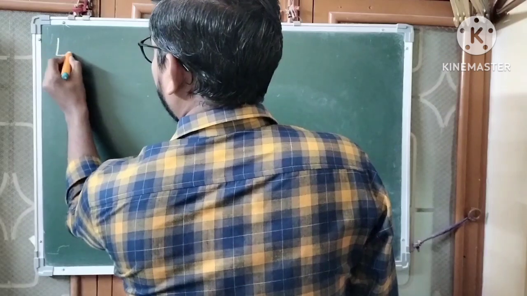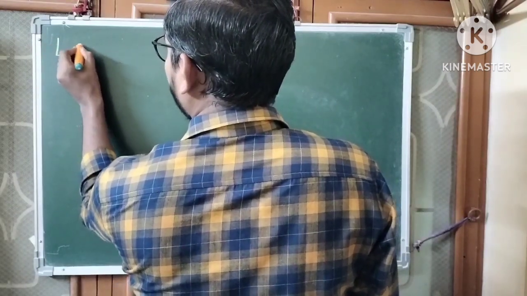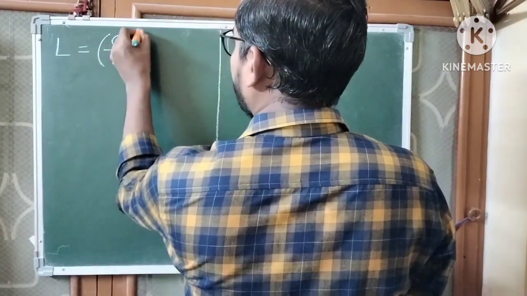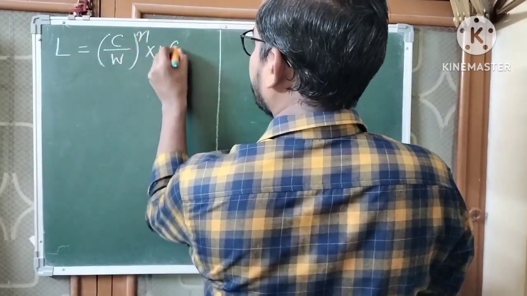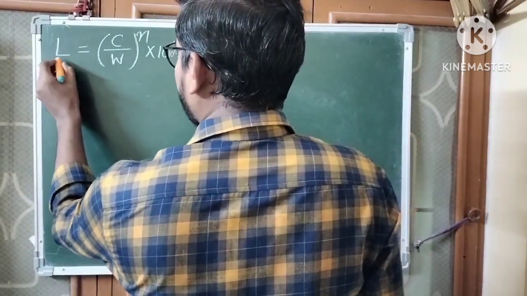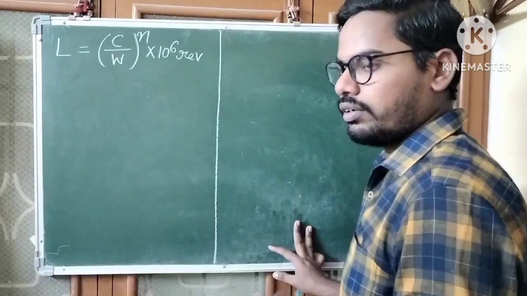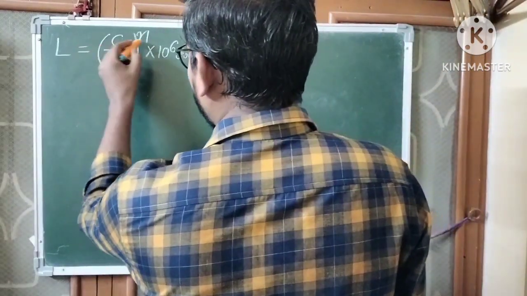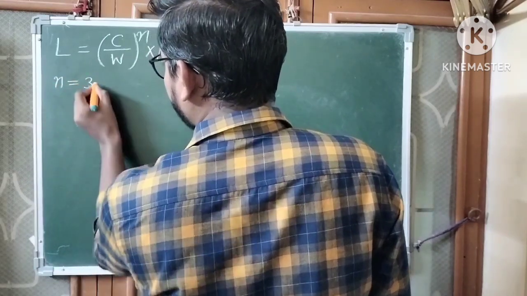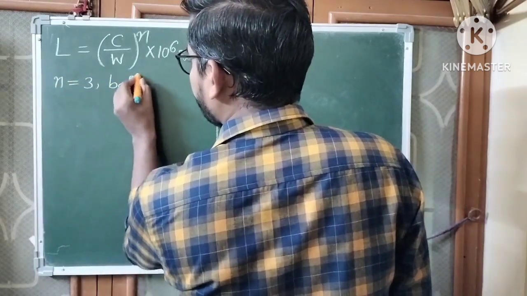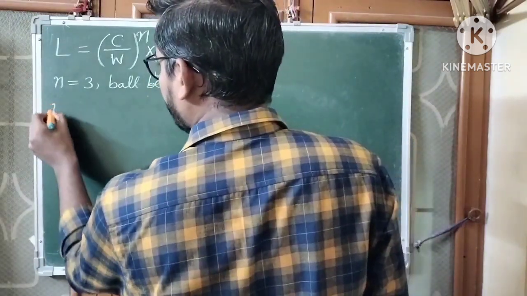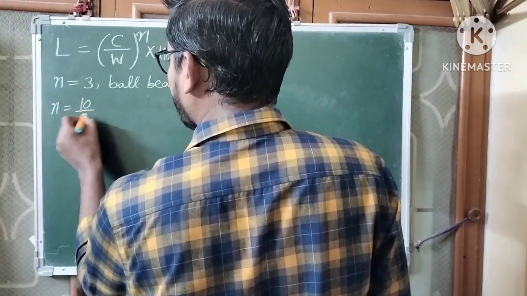So service life of the bearing in revolutions is L equal to (C by W) whole power n into 10 power 6 revolutions. Here n is a constant. n is equal to 3 in case of a ball bearing, and in case of a roller bearing n is equal to 10 by 3.